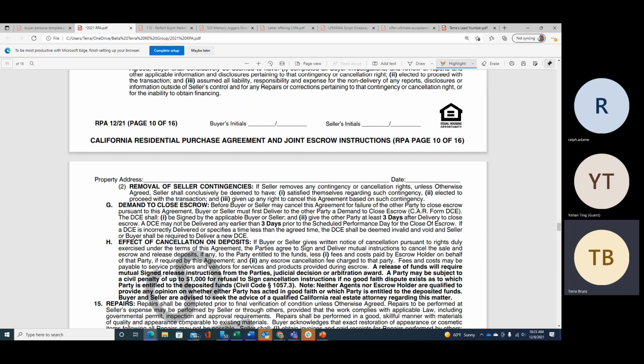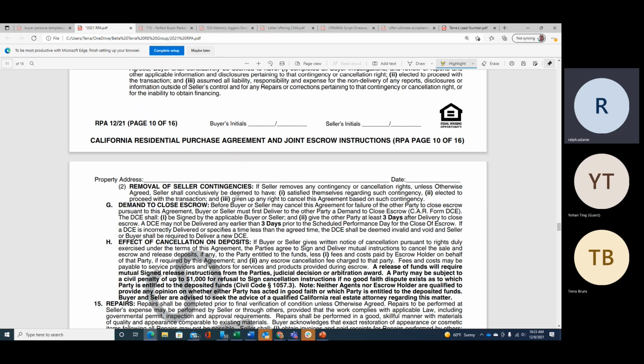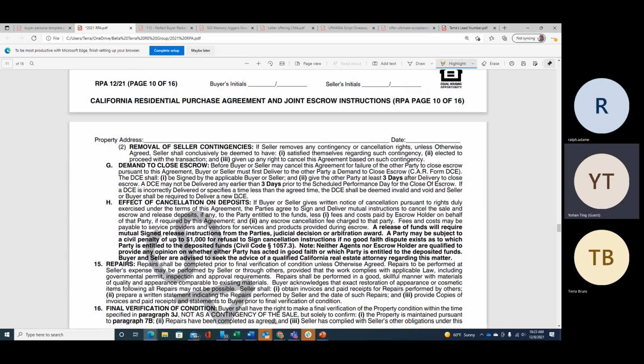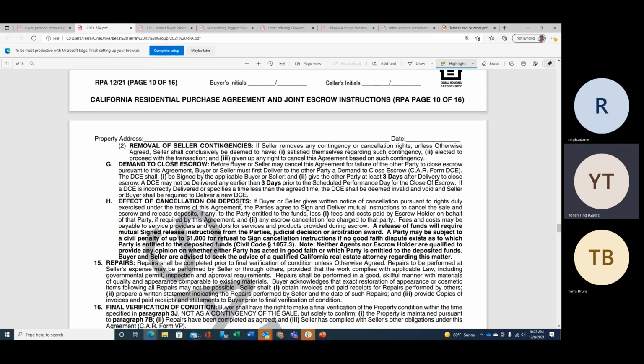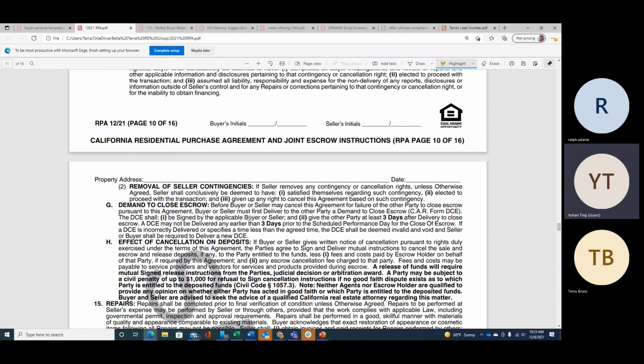Removal of seller's contingencies. Johan? If seller removes any contingency or cancellation rights, unless otherwise agreed, seller shall conclusively be deemed to have satisfied themselves regarding such contingency, elected to proceed with the transaction, and three, given up any right to cancel this agreement based on such contingency.